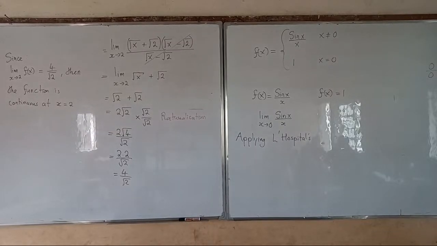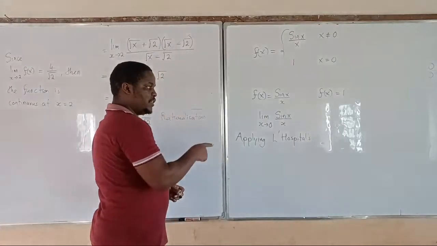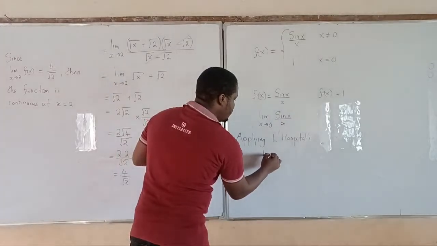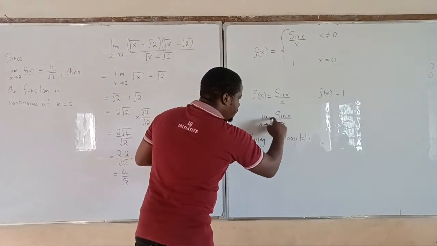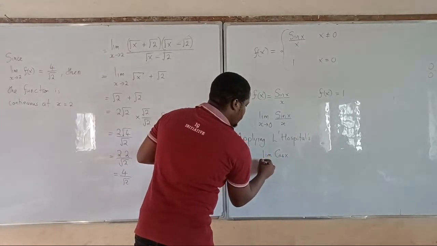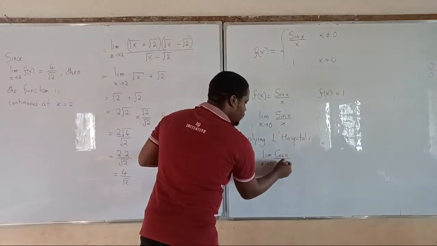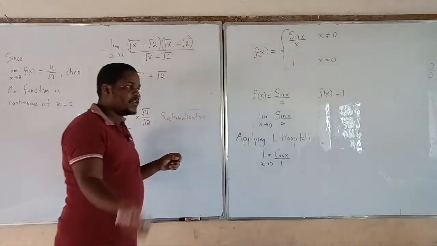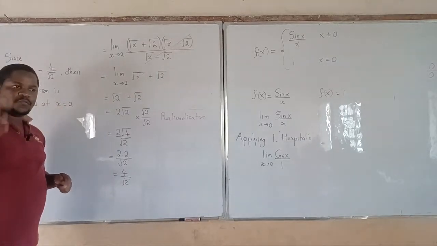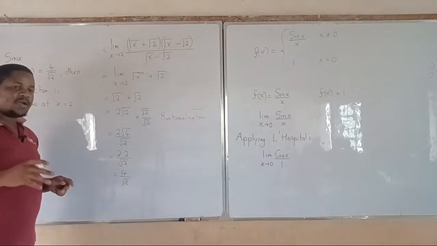When do we apply this guy? For you to be able to find the limit, you have to get the derivative of sine. So differentiate sine, what do we get? Cos, as x approaches 0. Differentiate x, what do we get? 1. The derivative of x is 1. So after you differentiate both numerator and denominator, we have cos x over 1.